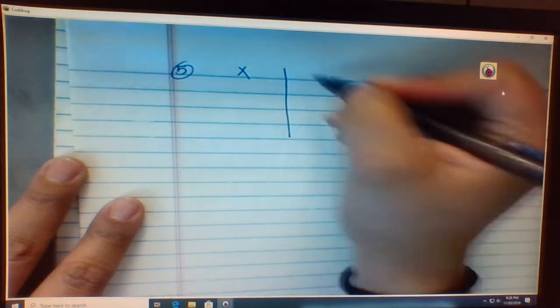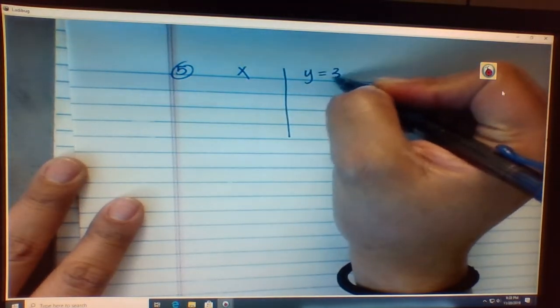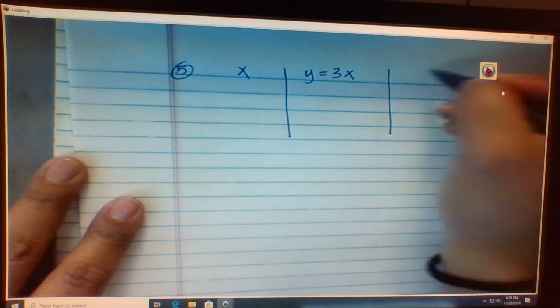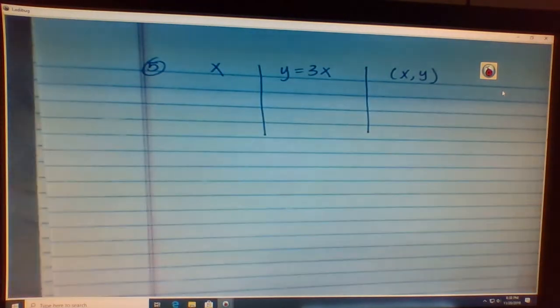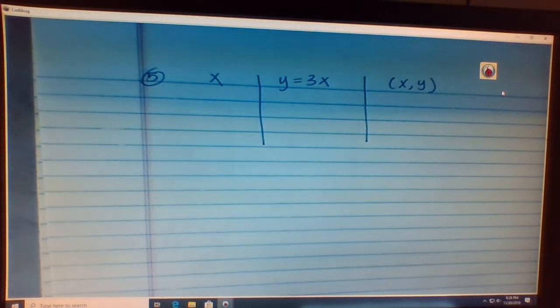X, y equals 3x, and give me your point. Let's just find out today. It's a beautiful day for you to graph some lines.